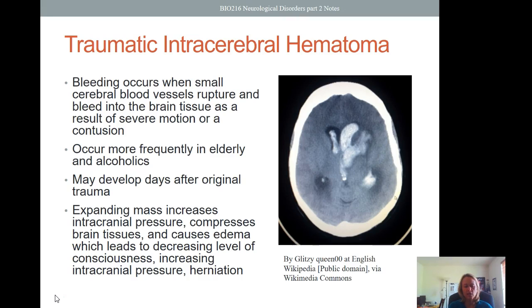This type of injury occurs more frequently in the elderly and alcoholics. It may develop days after the original trauma. This expanding mass from the bleeding can increase intracranial pressure, compress brain tissue, cause edema, leading to decreased level of consciousness, increased intracranial pressure, and brain herniation.